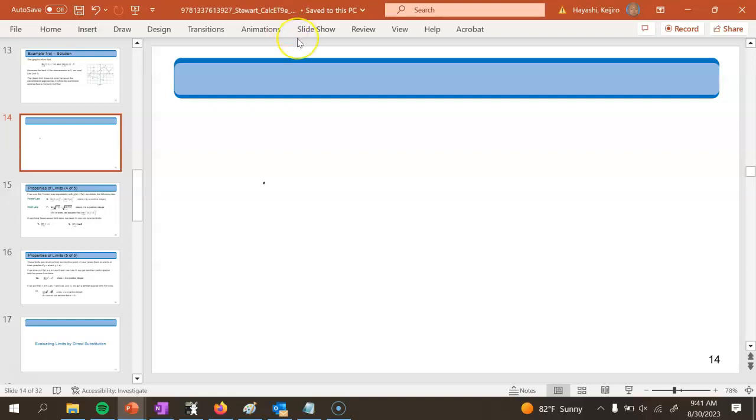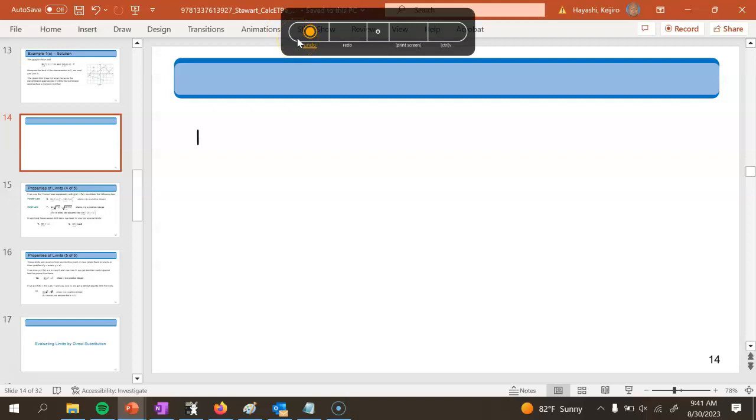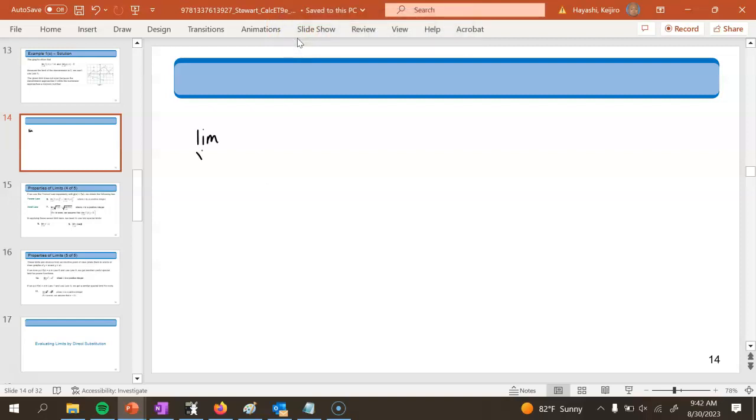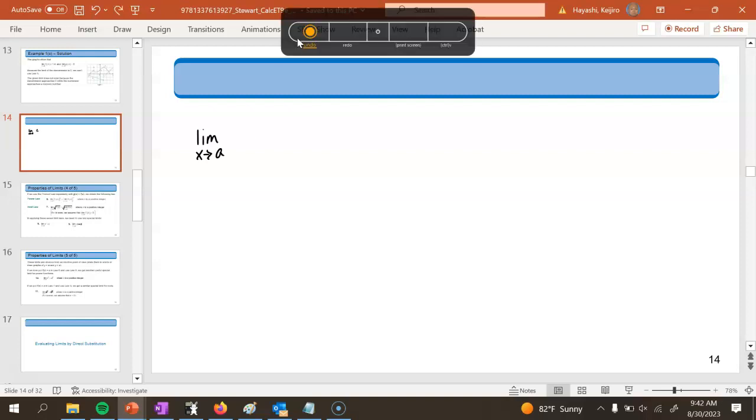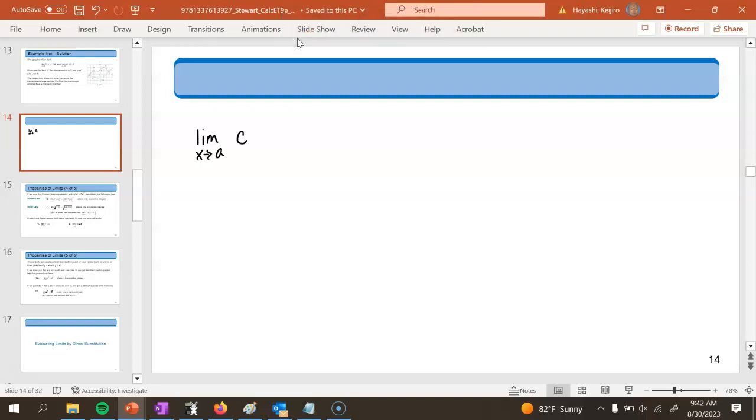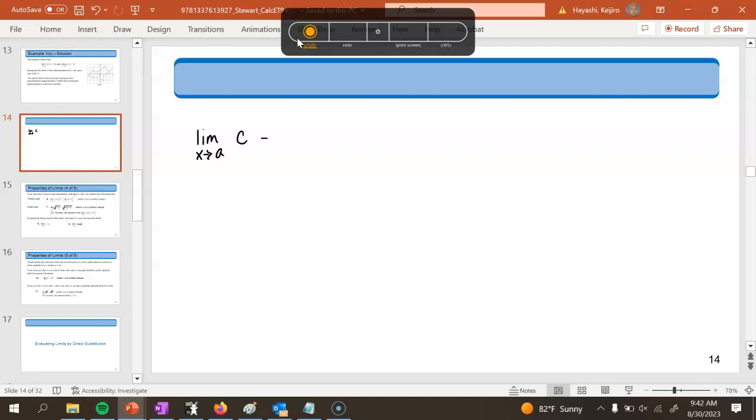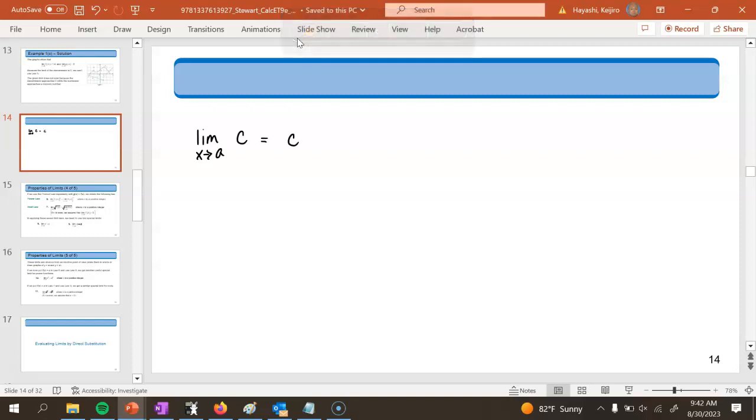The limit as x approaches a of any constant, so there's no x's here for anything to approach, like the expression is just this constant, it equals c.